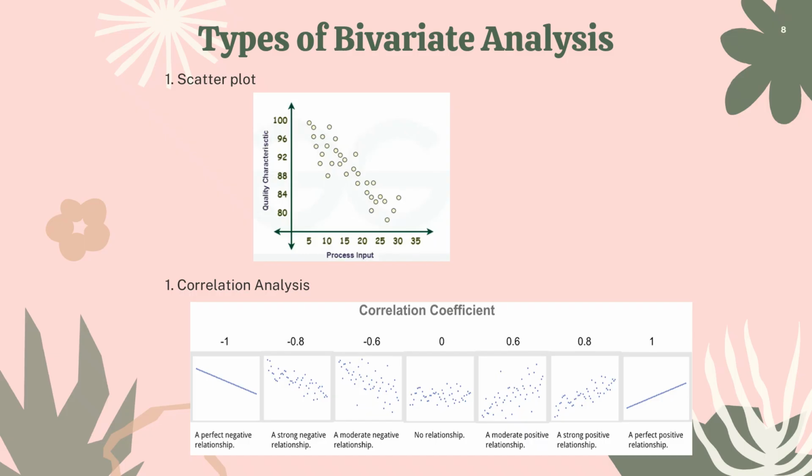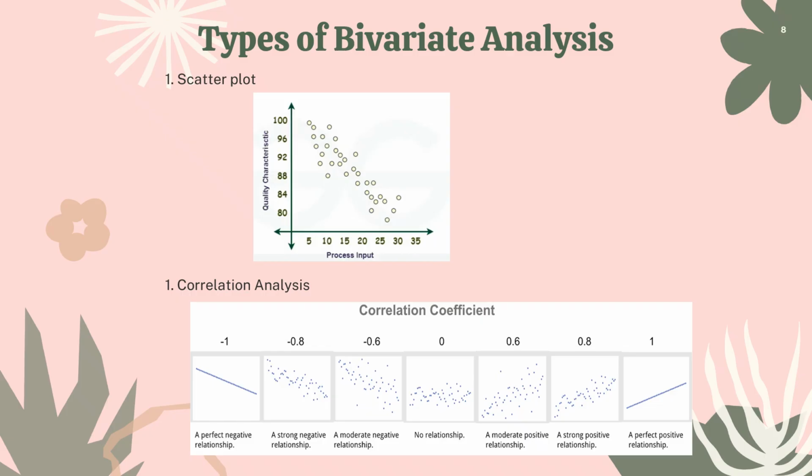These are the different types of bivariate analysis. There are many methods used in bivariate analysis. Correlation analysis checks the degree of linear relationship between two variables. Cross-tabulation allows us to study categorical relationships. Simple linear regression helps us understand how one variable can be predicted based on another.